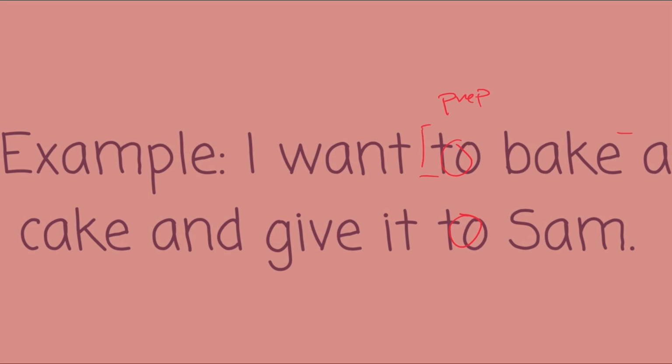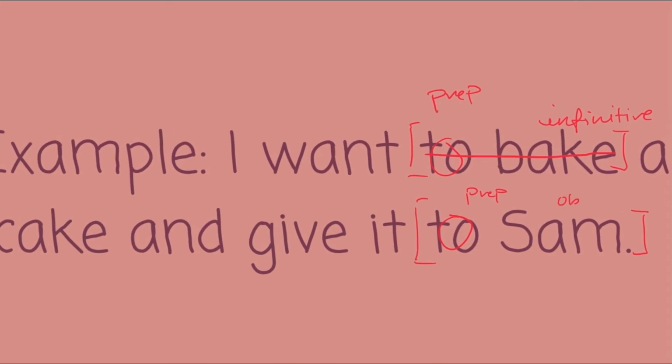So we can tell automatically that to bake is not going to be our main verb because it's in that prepositional phrase. It's an infinitive. So we can mark that as an infinitive. Then we notice Sam is going to be the object of that preposition to. We may come back to him in a minute.